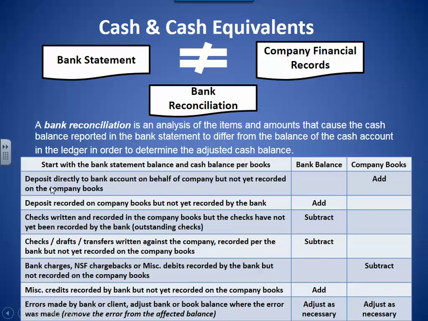The key to a bank reconciliation is to make the proper adjustments to your bank balance and your company books. By the time the reconciliation is done, we have a reconciled balance per bank and a reconciled balance for company books, and those balances should agree to each other.